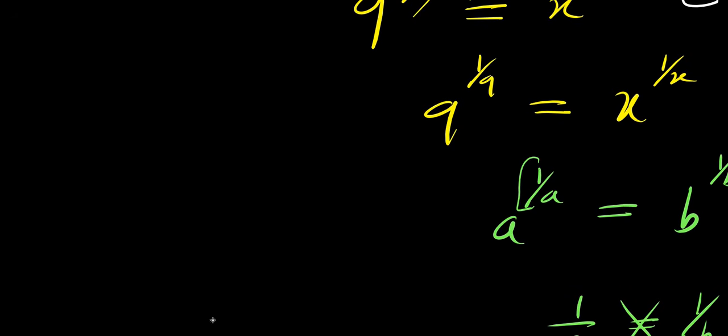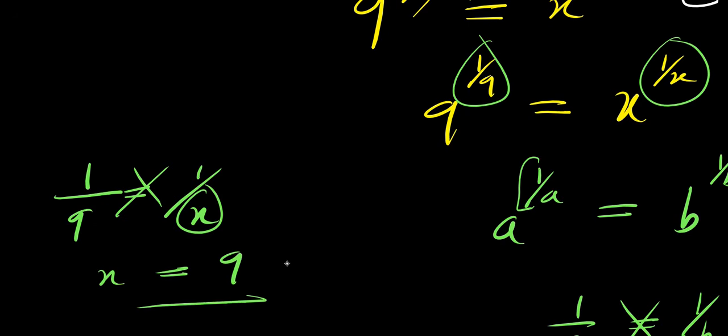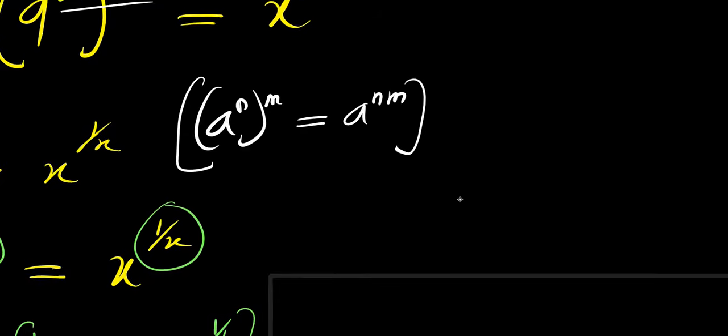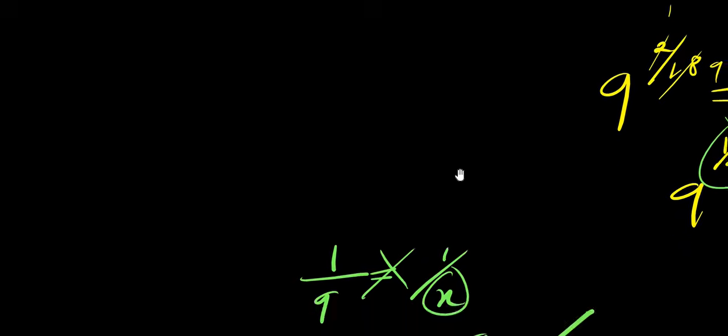So you come over here, 1 over 9 equals 1 over x. Cross multiply, x times 1, x, 9 times 1, you have 9. In any of the methods, we are still having the same solution, which is 9. Look at the first method and look at the second method. Have you seen that?